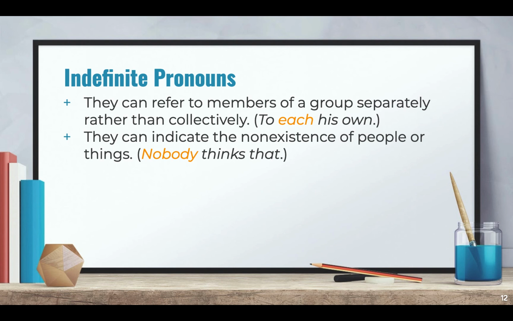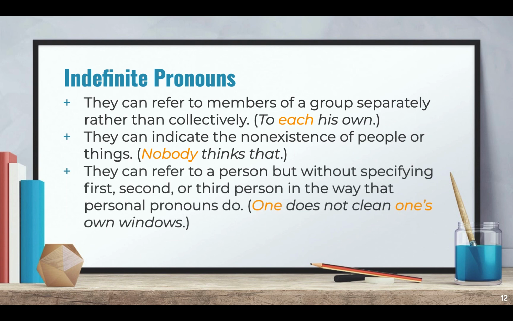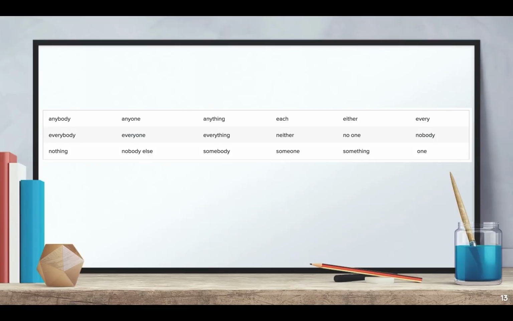Nobody thinks that. Third, they can refer to a person but without specifying first, second, or third person in the way that personal pronouns do. For example, one does not clean one's own windows. This table shows the most common indefinite pronouns. You can pause the video here to review it.